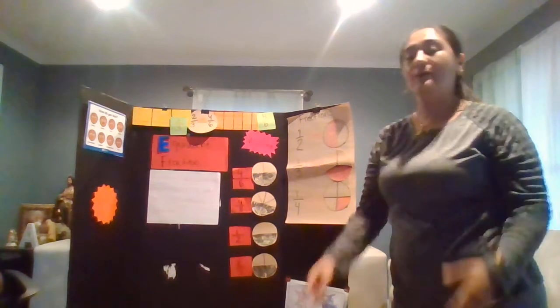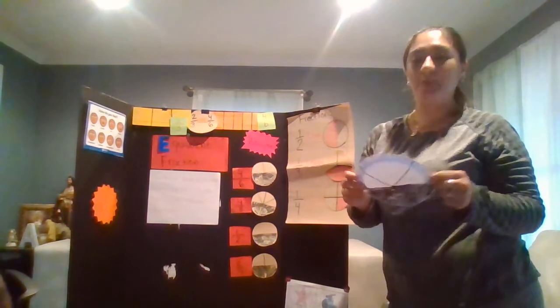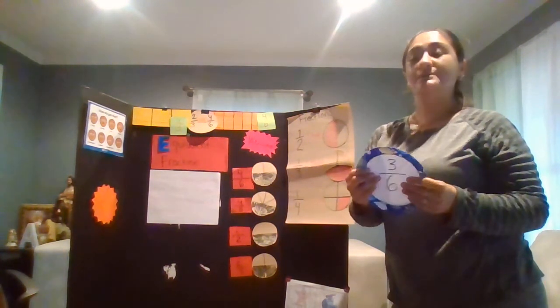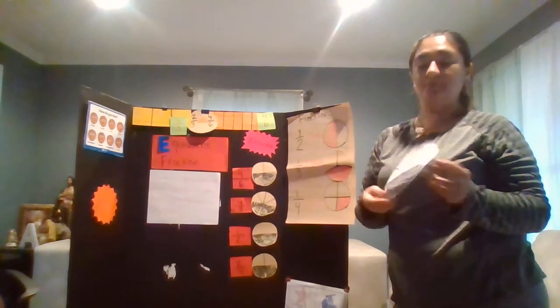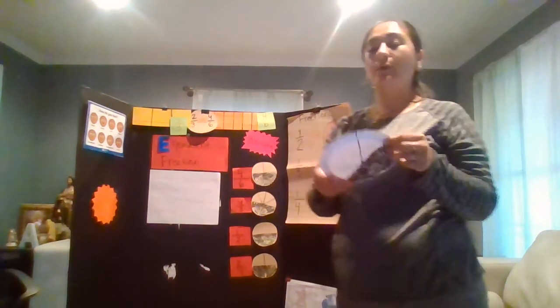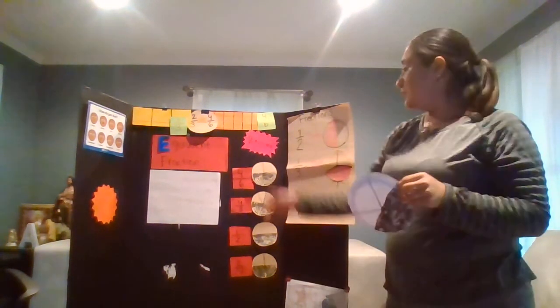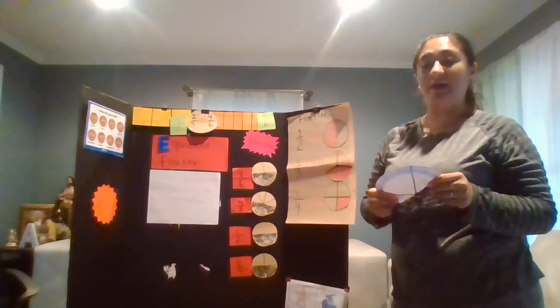Okay, friends, so now next to you, you have a paper plate. Go ahead and take it out. Some of your paper plates already have lines divided. So mine has 3/6 and it's already shaded in. So I want you to look for an equivalent fraction and shade it in with your paper plate.